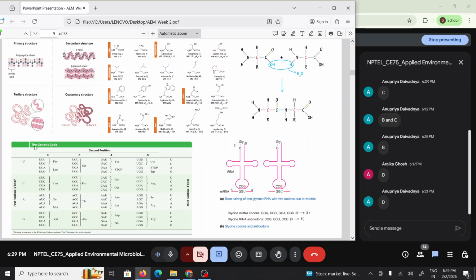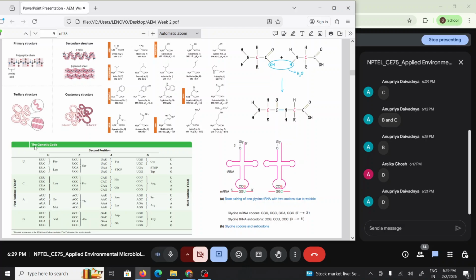There can be some more kinds of bonding also, which will lead to the formation of 3D structures. So we had a chain, and this chain is now folded based on the chemical bonding that it can make with other amino acids, and this will confer a 3D structure.